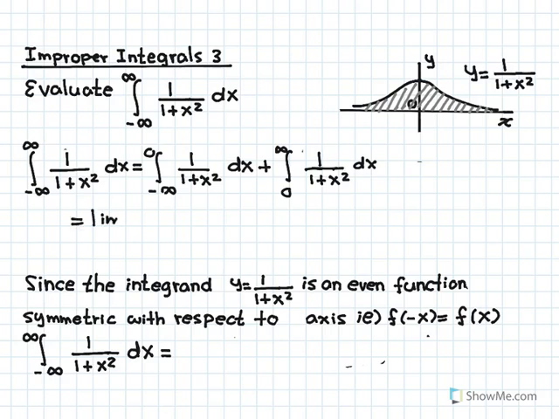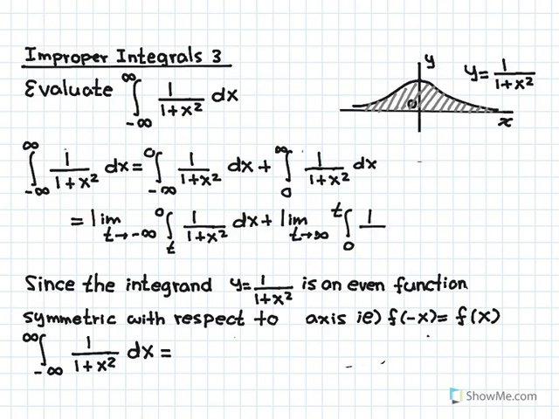Rewrite this as the limit as t goes to minus infinity of the integral from t to 0 of 1 over 1 plus x squared dx, plus the limit as t goes to infinity of the integral from 0 to t of 1 over 1 plus x squared dx. So the basic idea is this.